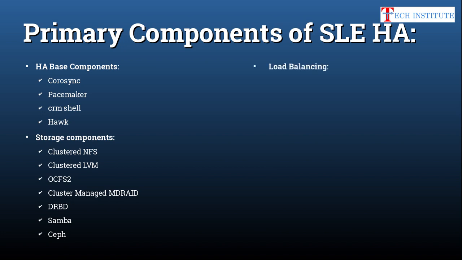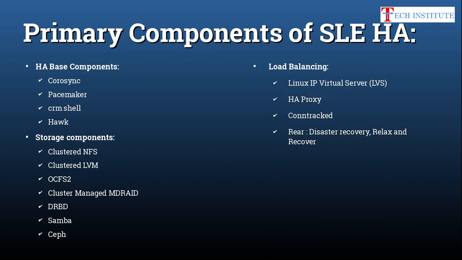Now you have another component called load balancing. For load balancing, you can have a virtual IP, HAProxy, conntrack, or ReaR. HAProxy is like an active cluster concept. With a Linux virtual IP, whoever is the active node will have the virtual IP and your applications will be accessible via that virtual IP, so the end users or clients accessing that service don't need to make any changes.